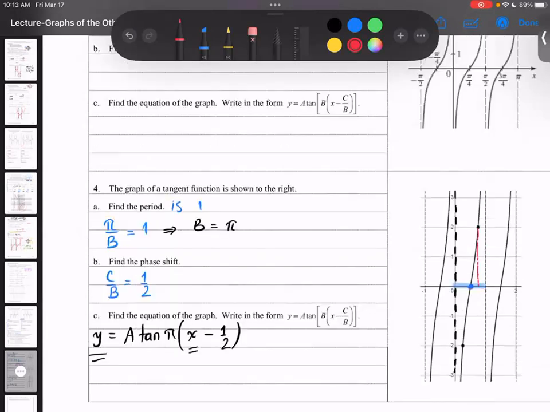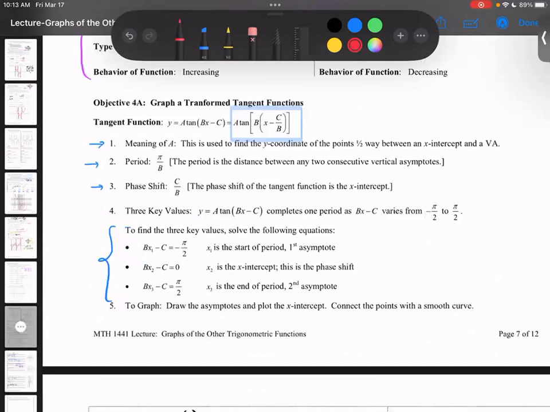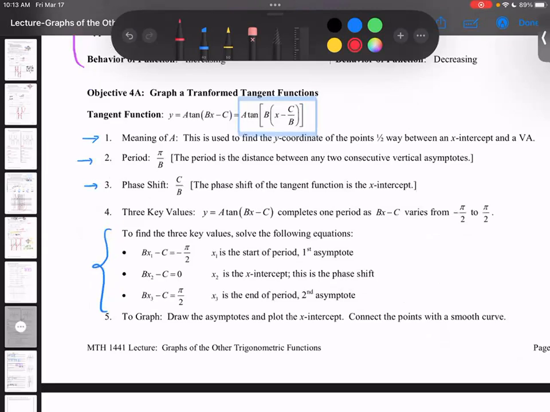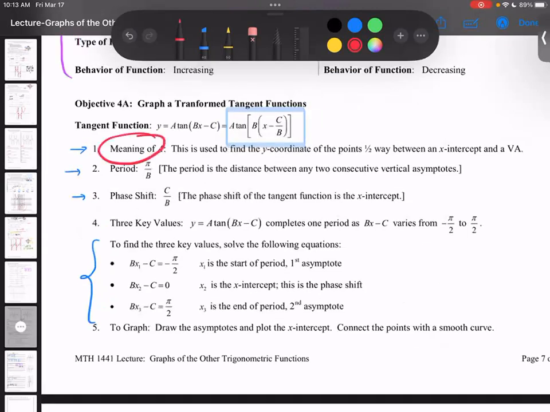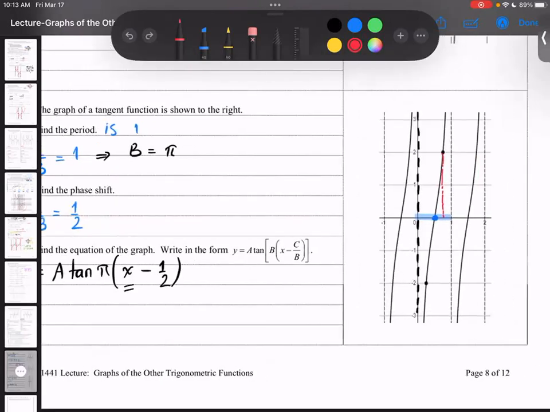Let's go back up here. Meaning of A. This is used to find the y coordinate of the point halfway between the x-intercept and the vertical asymptote.